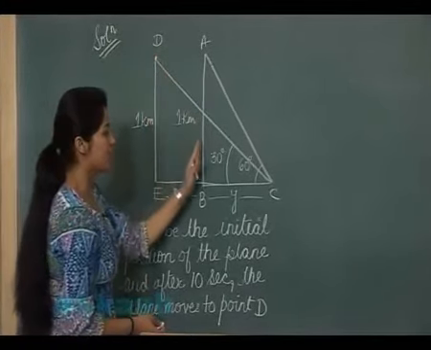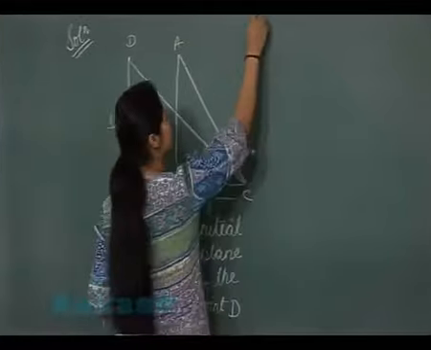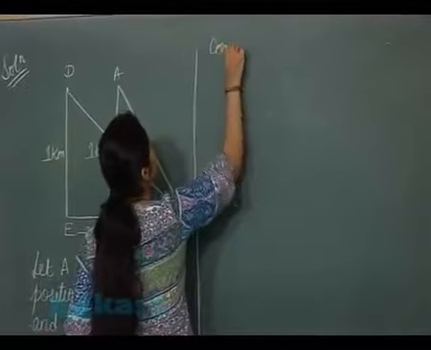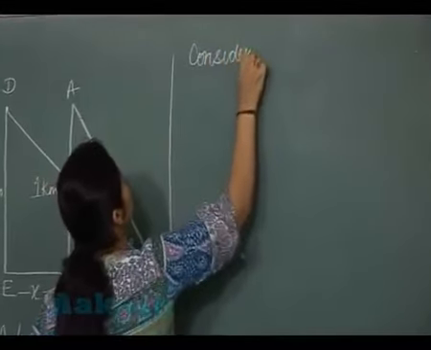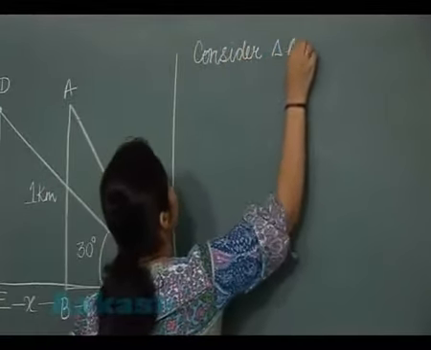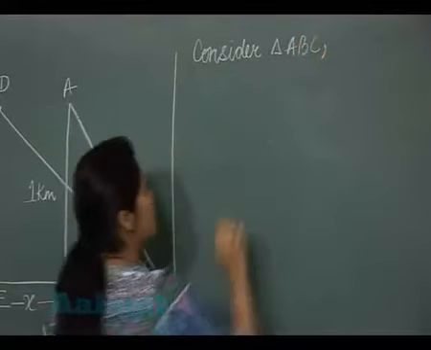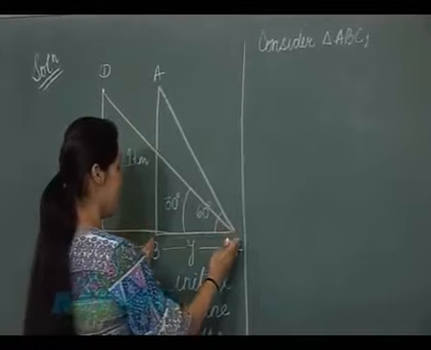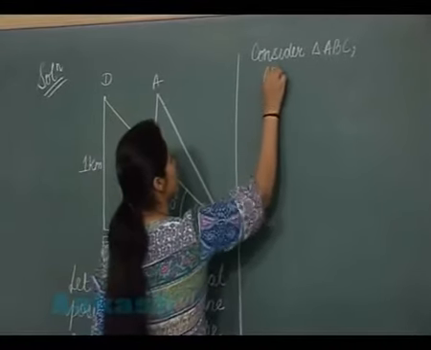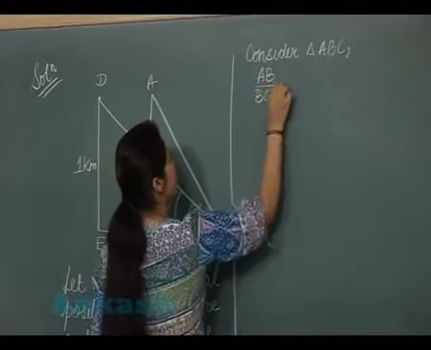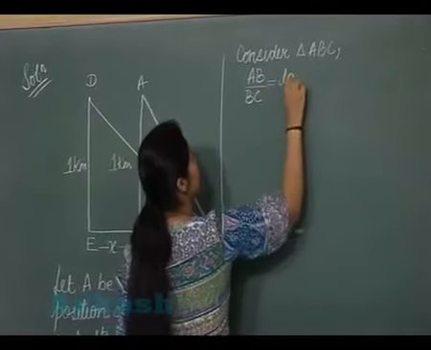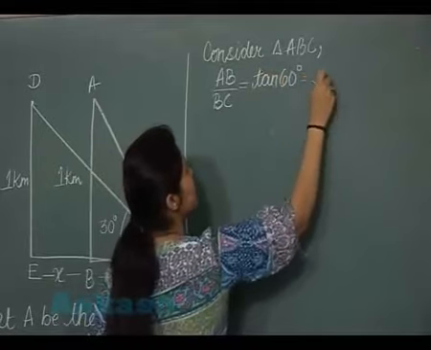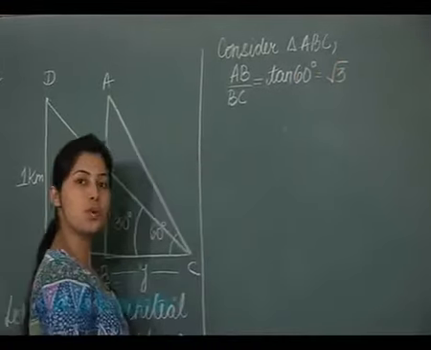Now first we will consider this triangle ABC. In this triangle we can say that AB upon BC will be equal to tan 60 degree, and we know that tan 60 degree is equal to root 3.